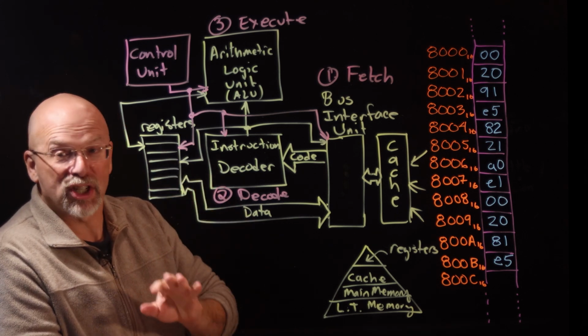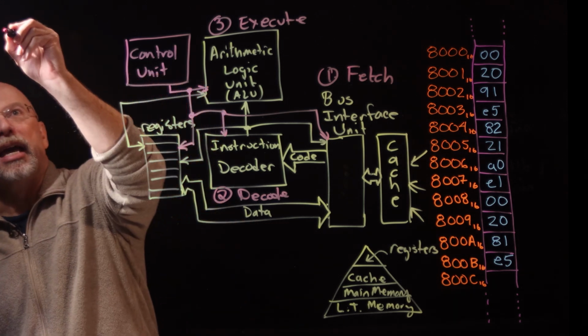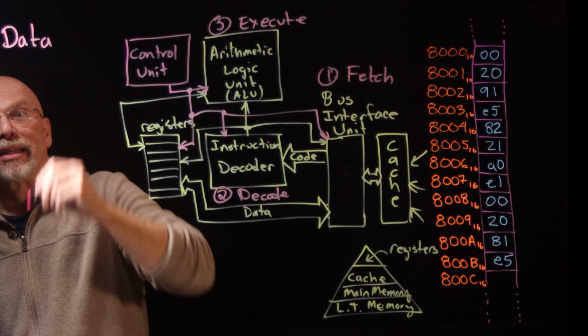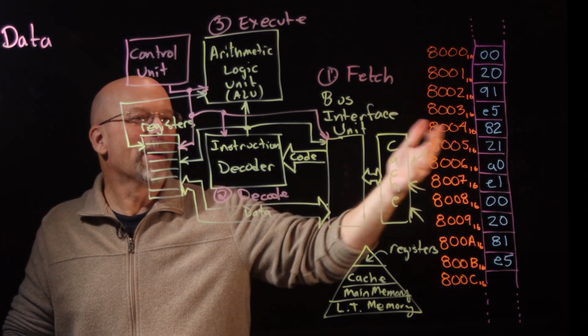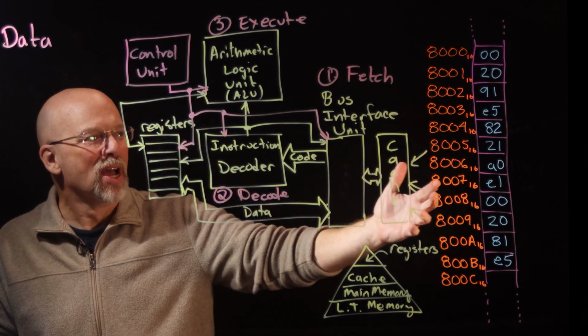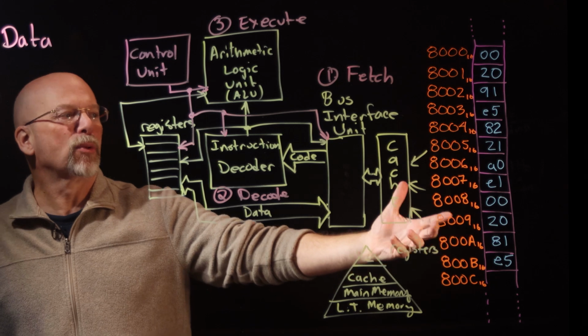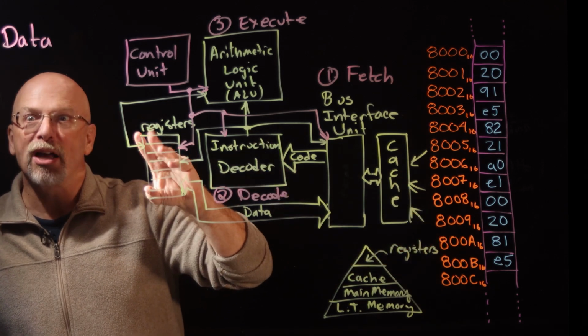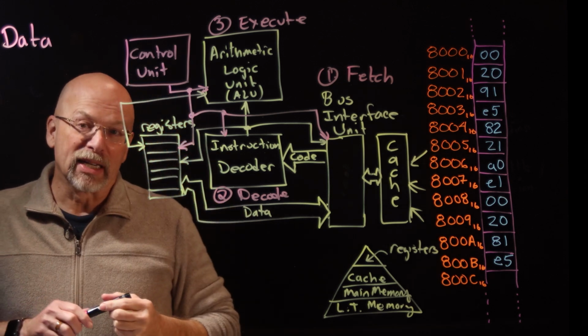There are three kinds. There are data registers. Guess what those hold? Data, the numbers that we're processing: the values we bring in from our variables stored out in memory, do the processing on using the ALU, and then store back out. That's one kind of register.